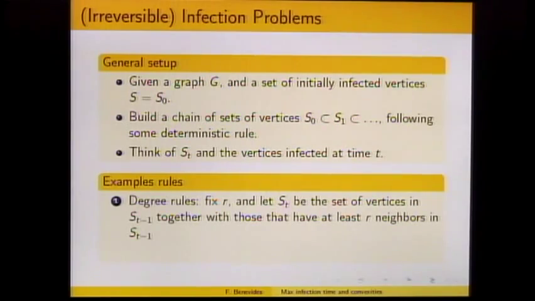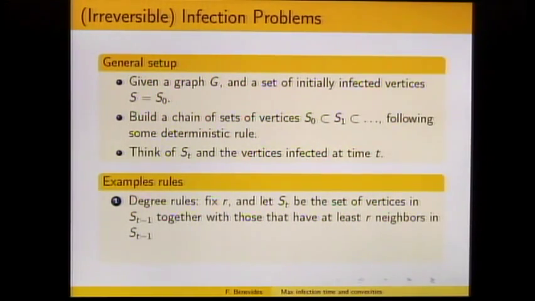So, for example, a very famous or particular rule, which is basically what we do when we talk about bootstrap percolation, is that you can fix some parameter R, and you say the infection spreads if a healthy element has R neighbors which are infected. So you fix some number R at the beginning.